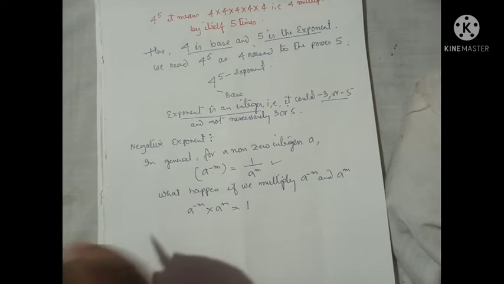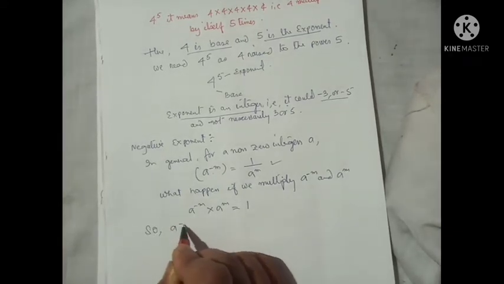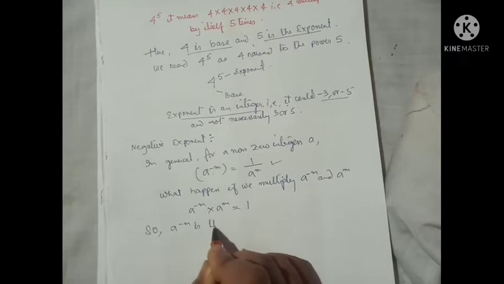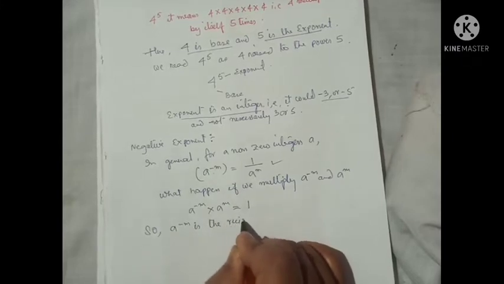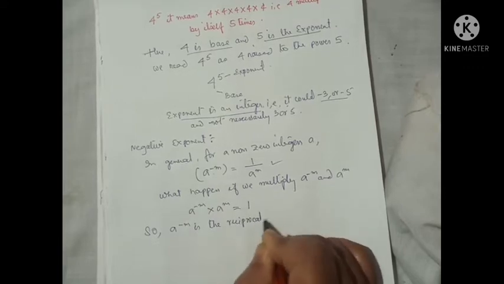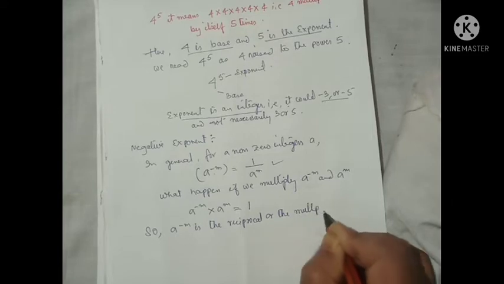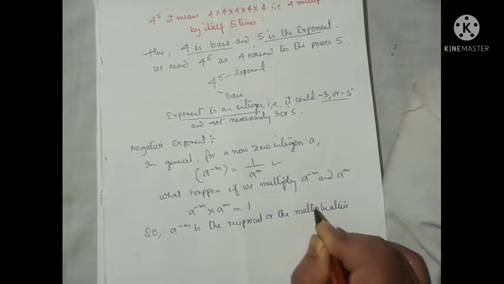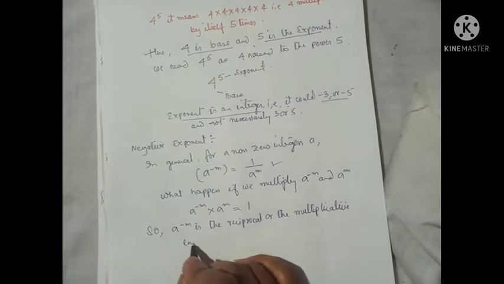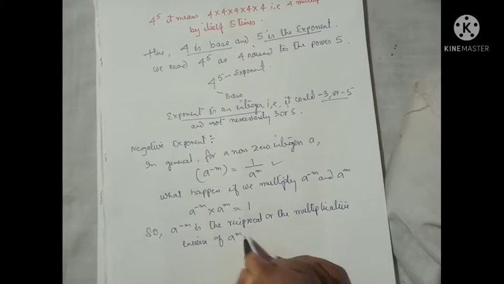So a to the power minus m is the reciprocal, or the multiplicative inverse, of a to the power m.